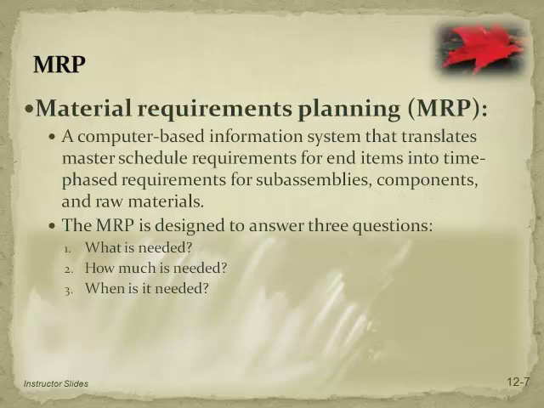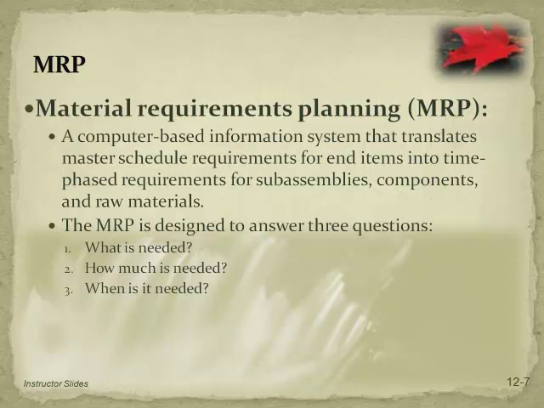So MRP is basically going to be answering three primary questions: what materials are needed, how much material is needed, so we need a certain quantity of this particular material, and there is a time-related question that's also going to be answered, and that is when is this material needed? So I need a certain quantity of this particular material, and I need it on a certain date.